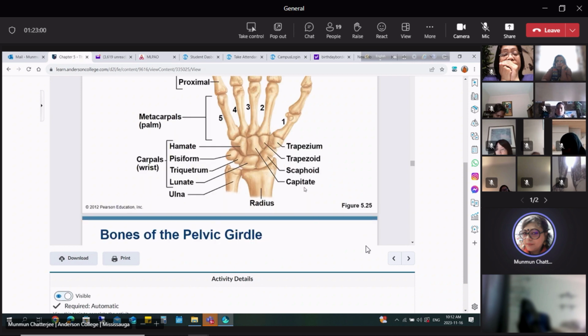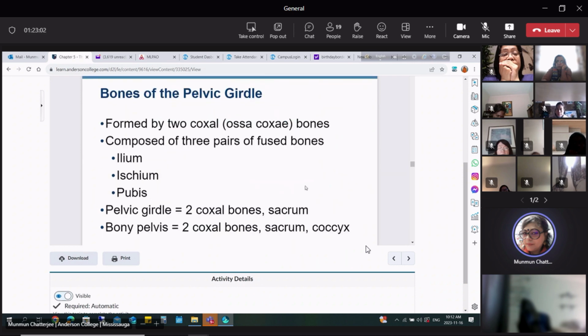Okay, that's true. Good. The bones of the pelvic girdle. What are the bones of the pelvic girdle? It is the lower one, formed by 2 coxal bones composed of 3 pairs of fused bone. You just need to know what bones compose the pelvic girdle: ilium, ischium, and pubis.